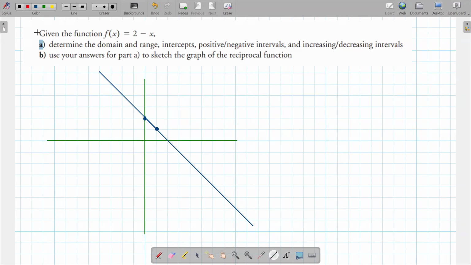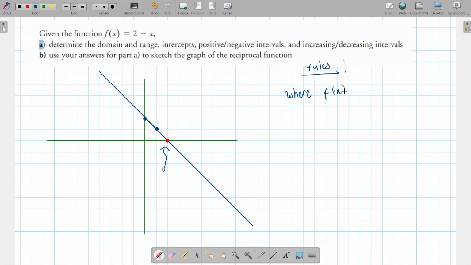Now, how do you graph g of x? So here's the thing. There are some rules to graphing reciprocal or rational functions. So wherever you see this point right here, how would you classify this? What would you call this? Yes.